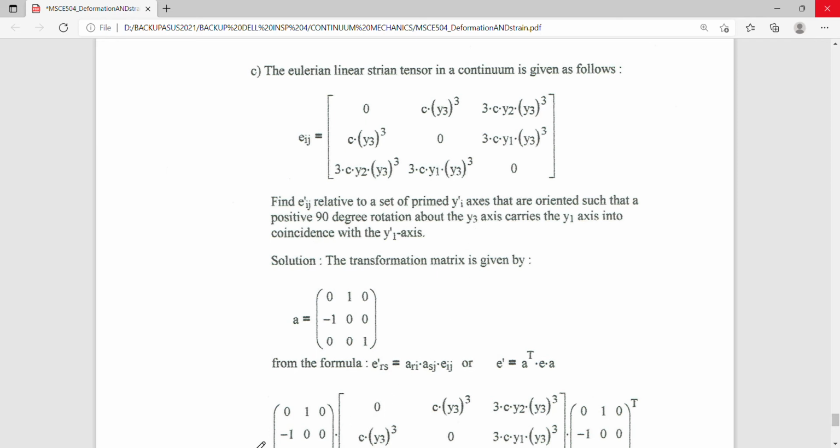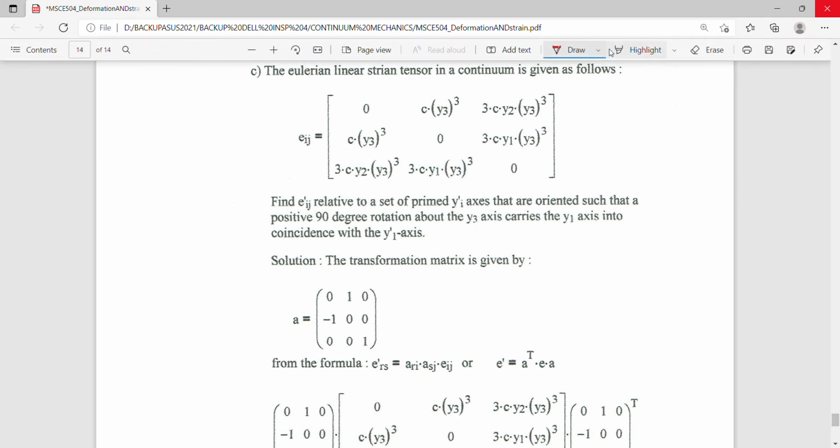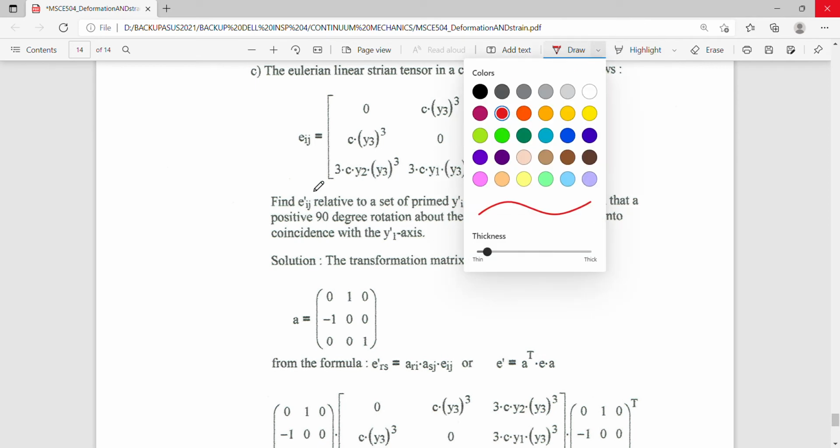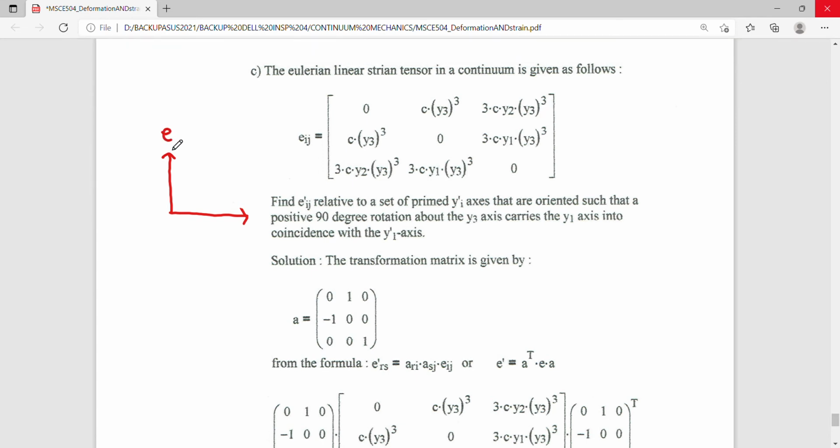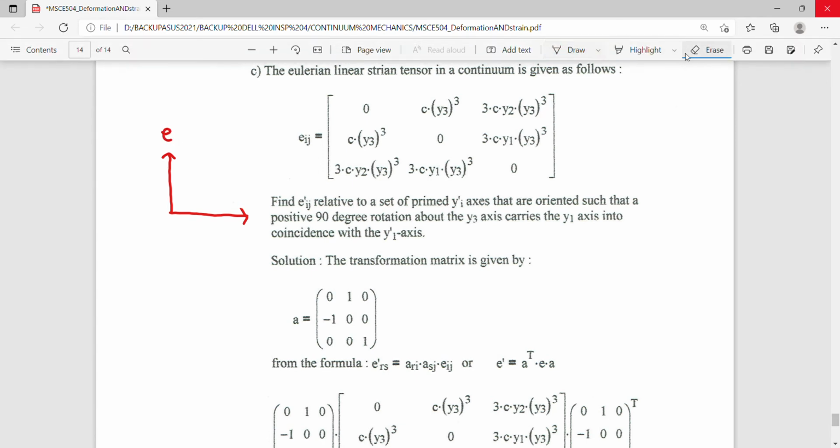If we draw this transformation, this has something to do with the transformation. If I use a Y1 here, a Y2 there, where's my Y3?